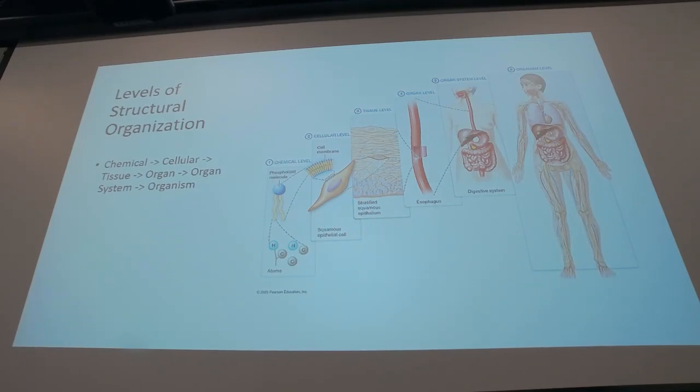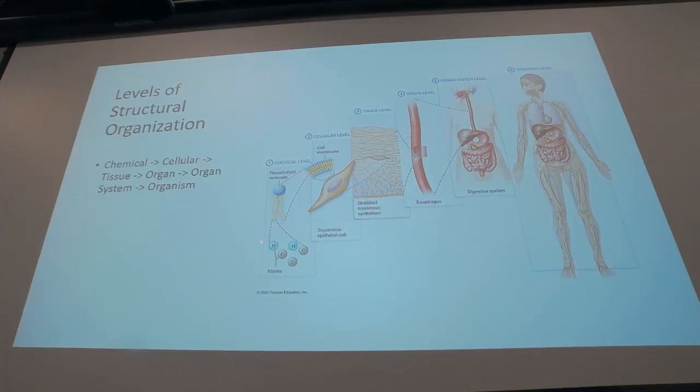And the structures in our body can have some of those components. So here we have these phospholipids that make these cell membranes. And these cell membranes form part of the cells. So this is the cellular level.